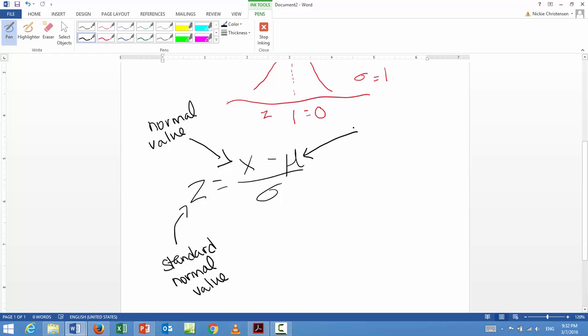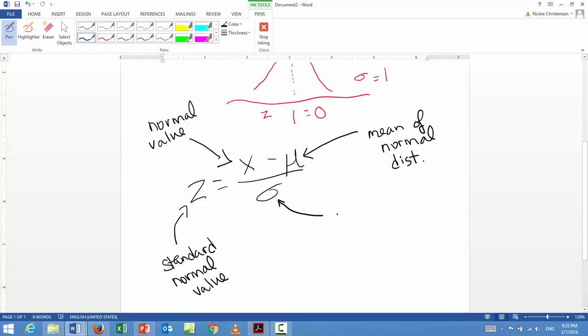This mu, this is the mean of whatever normal distribution you're working with. So it's going to change with every problem that we do, every data pool we analyze.